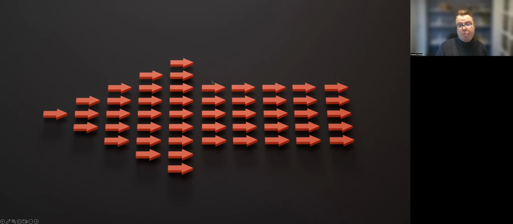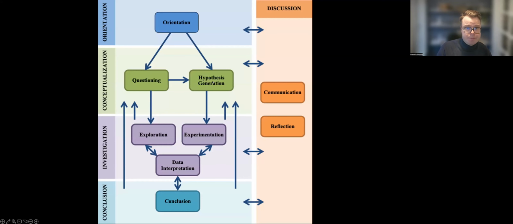Therefore, Marcus Pedaste et al. present the following model of how inquiry-based learning works in practice. As we see here, the process will require taking steps back as needed. For example, it may be important to re-evaluate your research question when you come to a conclusion, if your conclusions cannot answer that question, but can answer something else.